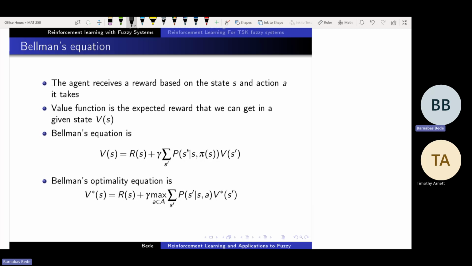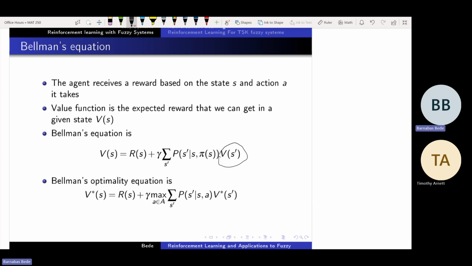you sum up over all the possible next states from the current state. S prime is the next possibilities that you can get, the next possible states. And each of those will have their own value already calculated, let's say V(S prime).